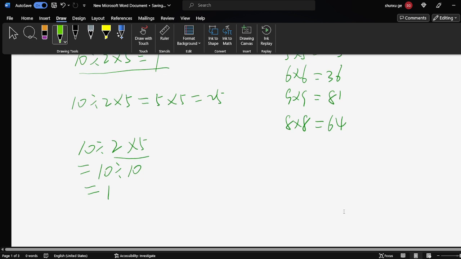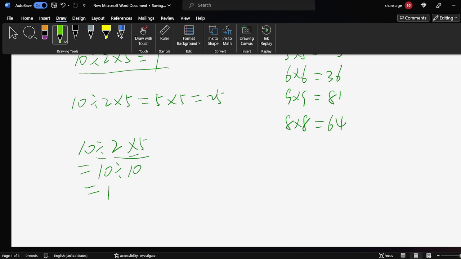So now I tell you why it's wrong. Because here is division and here is multiplication. The definition, the professor tells you, is that if division is together with multiplication, you should calculate from left to right. You cannot change the position.